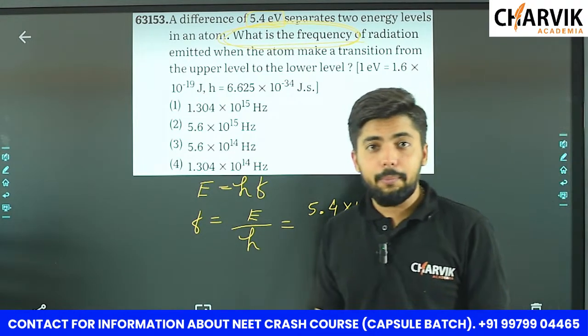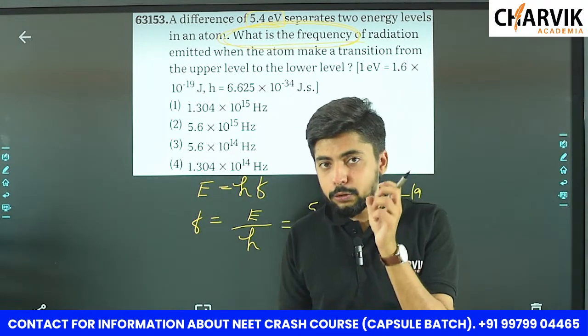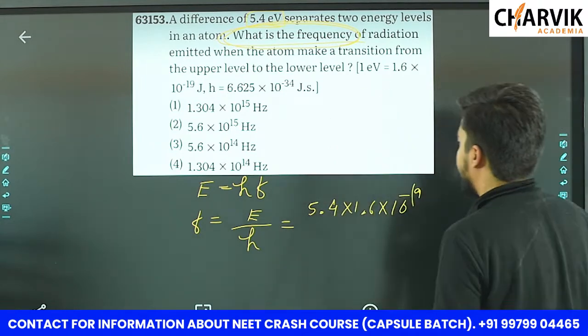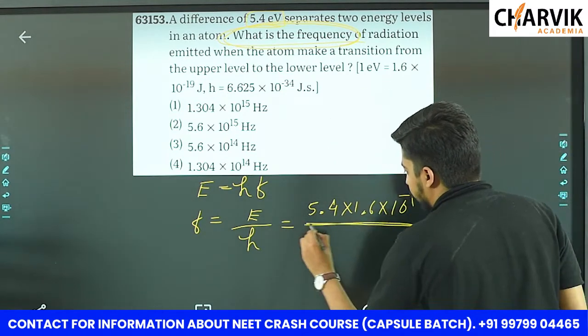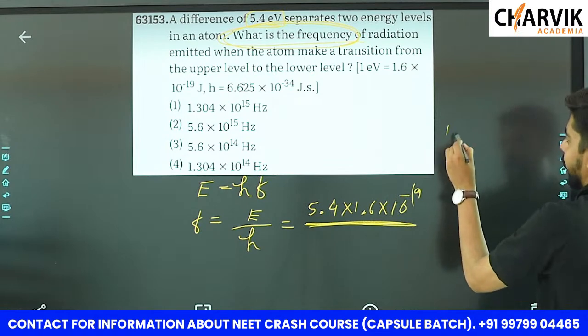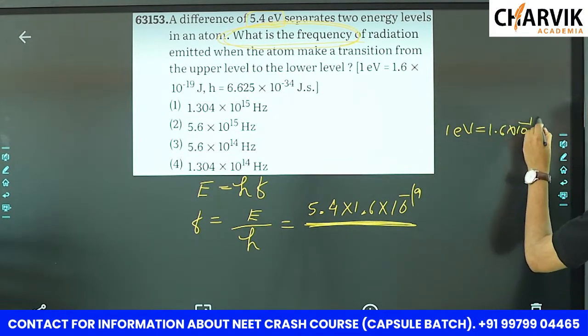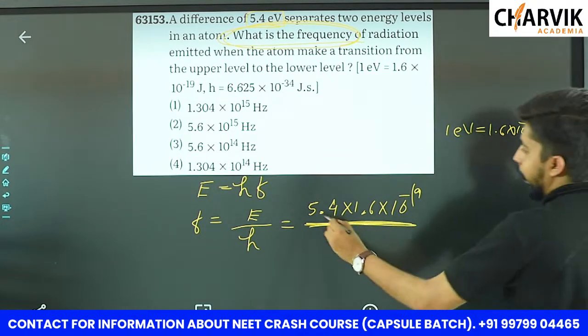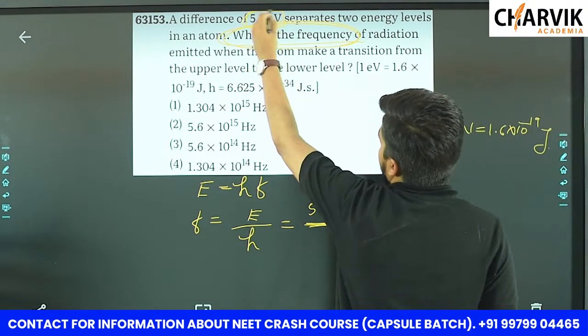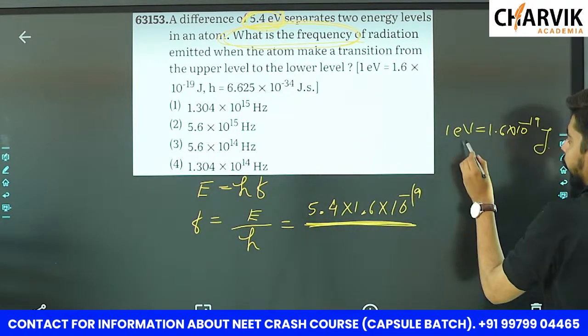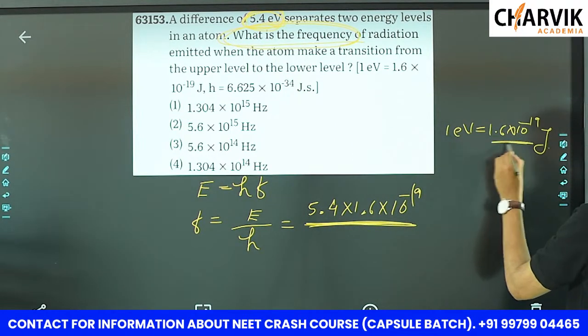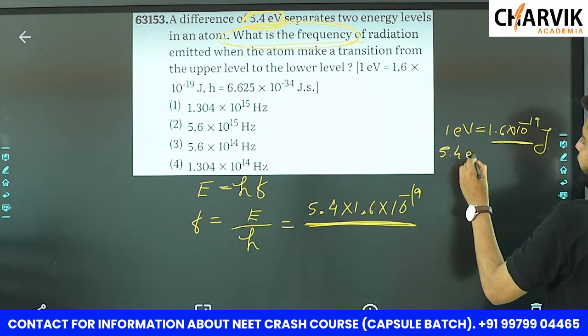You should remember this little transition of the unit, so that you will not lose the mark of the particular question. Let me tell you that 1 electron volt is equal to 1.6 into 10 raised to minus 19 joule. The energy is given as 5.4 electron volt. So if 1 electron volt is equal to this much joule, what about 5.4 electron volt?